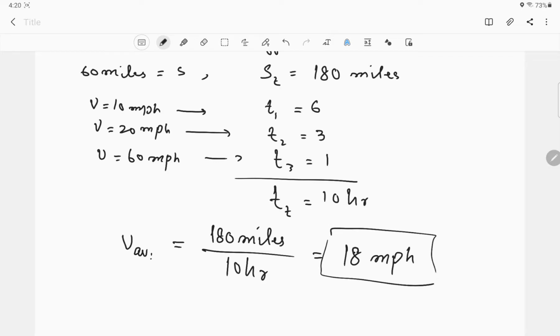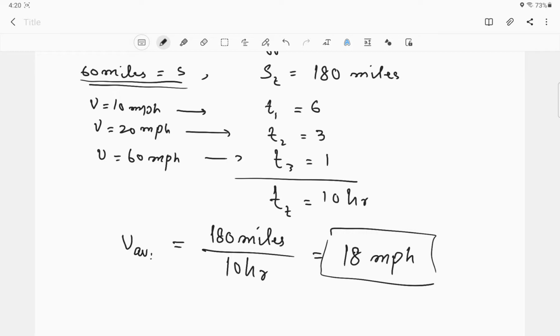No matter what value of distance you assume, you can assume any value, but I suggest that you assume a value that will give you an integer answer. If you assume a value which gives you a fractional number, it will be confusing.